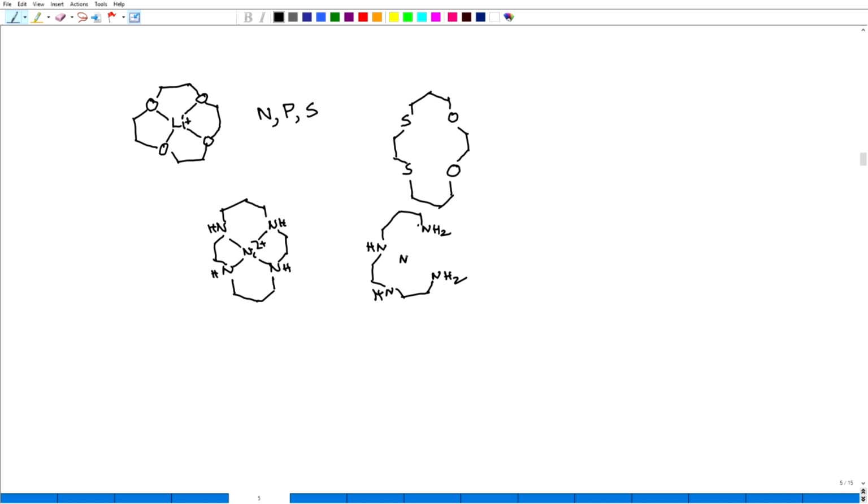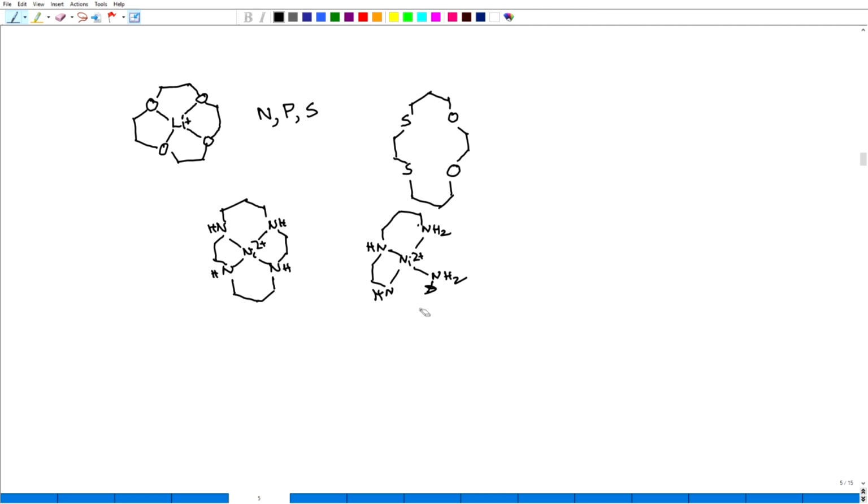So, an open chain compound also binds nickel 2 plus pretty well. But compared to the open chain, this macrocyclic compound, when it complexes with nickel 2 plus, has extra stability compared to the identical open-chain compound.